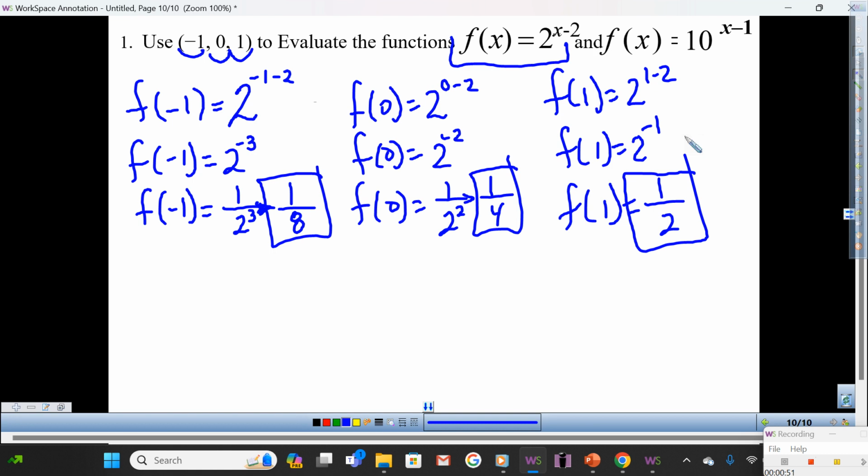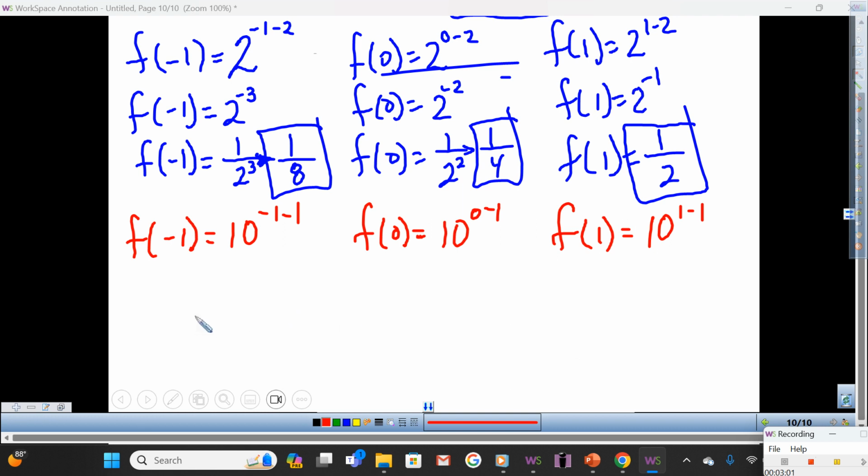Not bad, yes? All right. So I helped you with that. Do f of x equals 10 to the x minus 1. Same process. I'll give you a head start. All right, let's see.